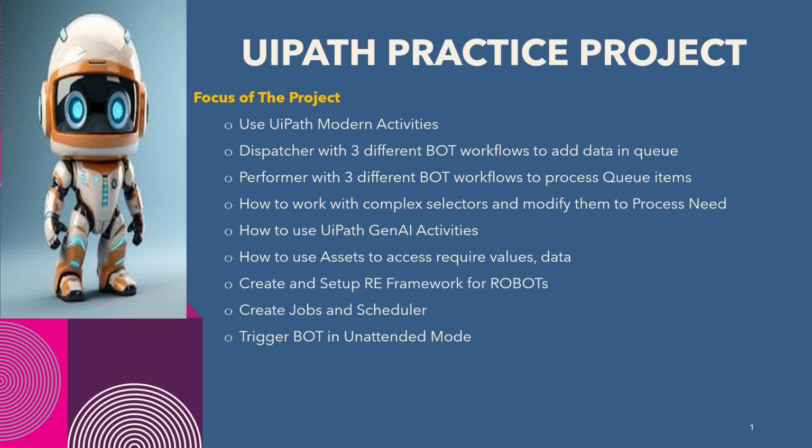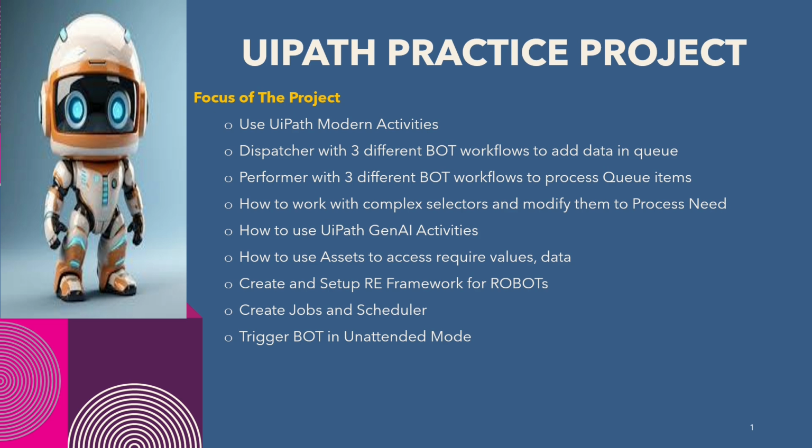In this UiPath practice project, we are going to cover all of these topics that you can see right now on your screen. We have already created all of these 6 workflows in our previous videos. If you have not seen those videos, you can find the link in the description for this playlist. In this project, we have covered how to work on complex selectors.